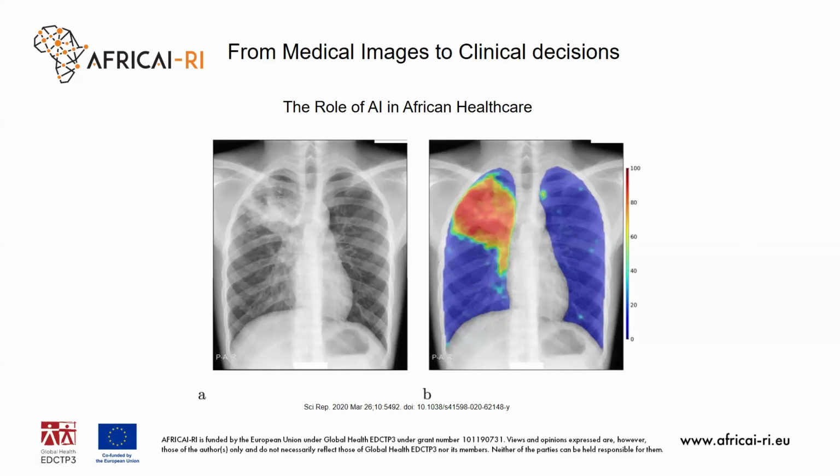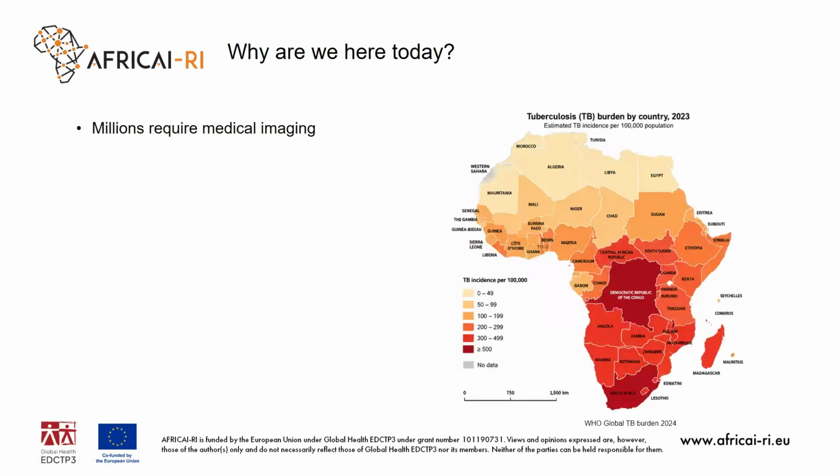So let us first look at the diagnostic gap we are trying to address here. As we know, millions of people need medical imaging, especially for diseases like TB and pneumonia. In this picture, we can see the burden of tuberculosis in Africa, which is high, especially in the sub-Saharan region. The challenge is that images may be taken, but the interpretation and action can be delayed because we don't have specialists in the field.